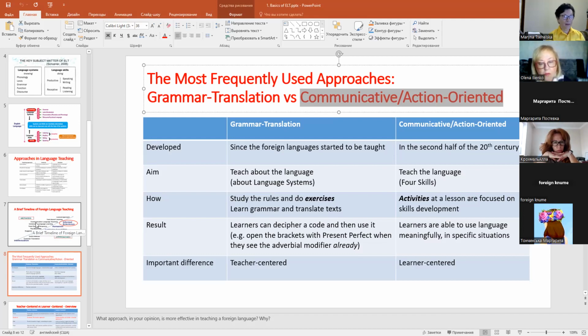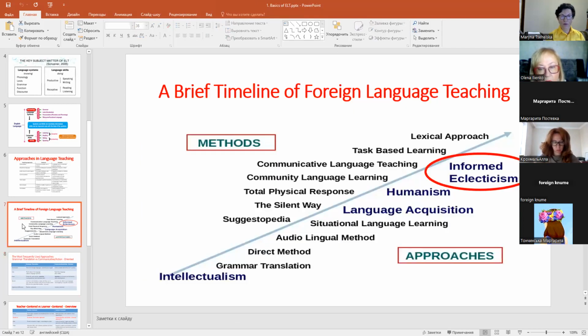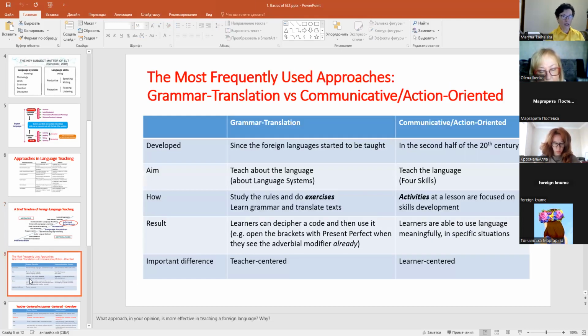Again, here I'm just comparing. I'm not inclining you to stick to this or that approach, because as we have already said, informed eclecticism is the key. Every teacher decides for themselves what approach will suit their classroom better.